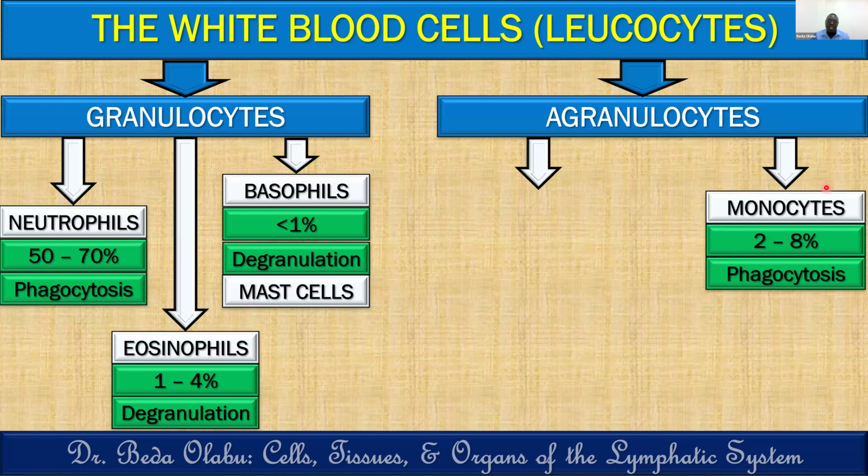Generally, their key mechanism of action is also phagocytosis. Important to note is that these are the cells that constitute the macrophages. We call them monocytes when they are in the bloodstream. When they leave the bloodstream and go into tissues, they constitute the macrophages. And you remember from anatomy 1, I think, that we have different types of macrophages in the body, depending on the tissue of concern.